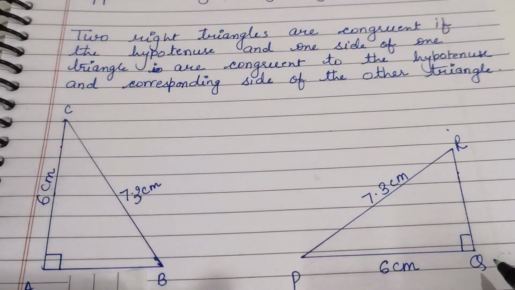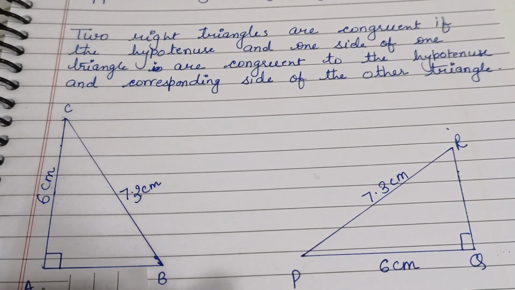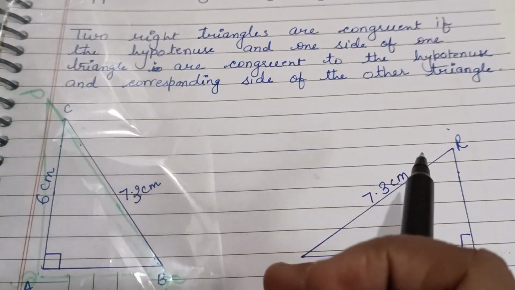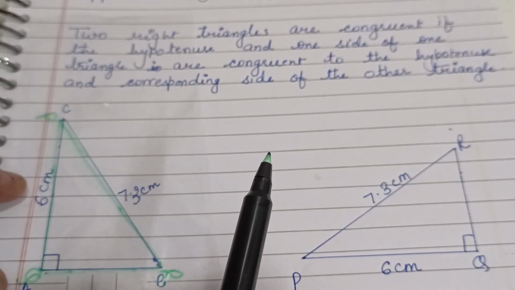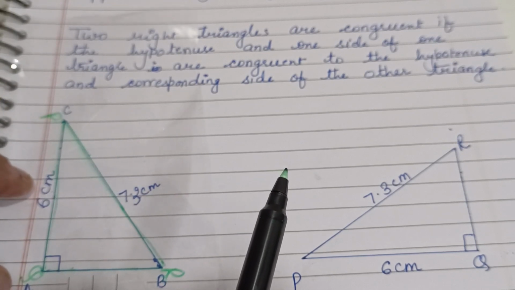But the thing is that angle Q is the right angle in PQR and angle A is the right angle in triangle ABC. So I am just going to put this Q on A. Yes. Now I can see the two triangles are completely superimposing each other.